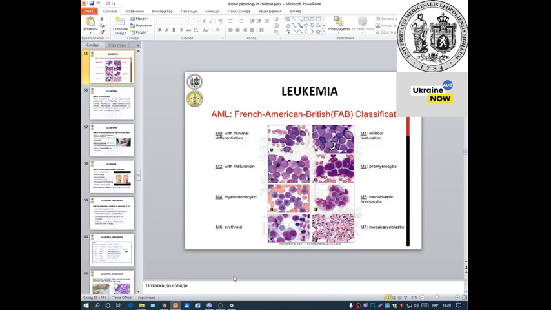For acute myeloblastic leukemia, there are 7 FAB types according to the French, American, British classification. M0 with minimal differentiation, M1 without maturation, M2 with maturation, M3 promyelocytic, M4 myelomonocytic, M5 monoblastic, M6 erythroid, and M7 megakaryoblast leukemia.